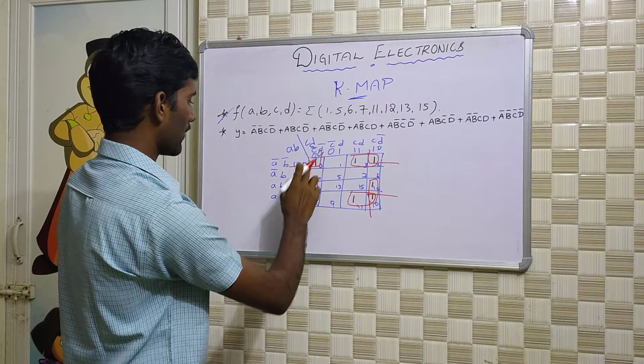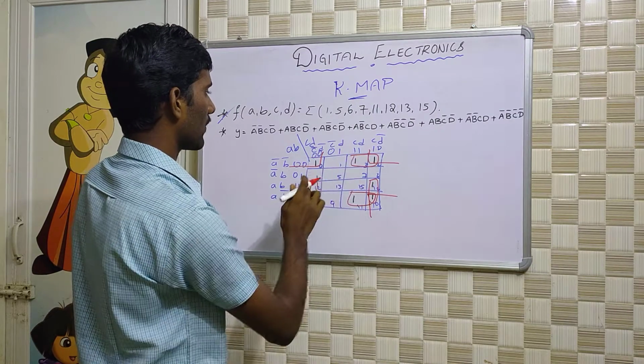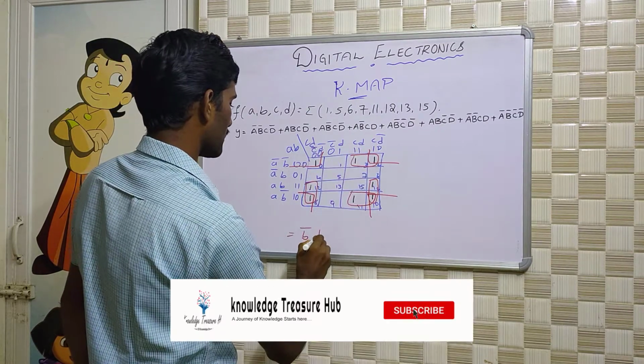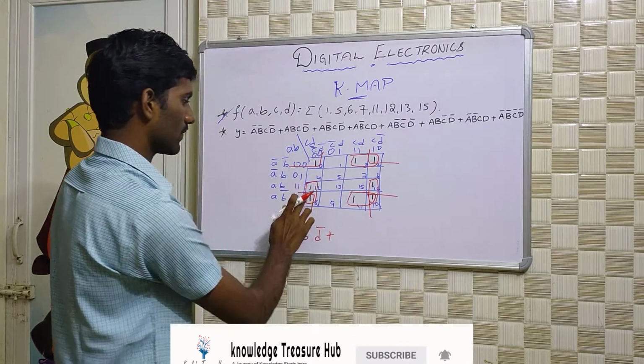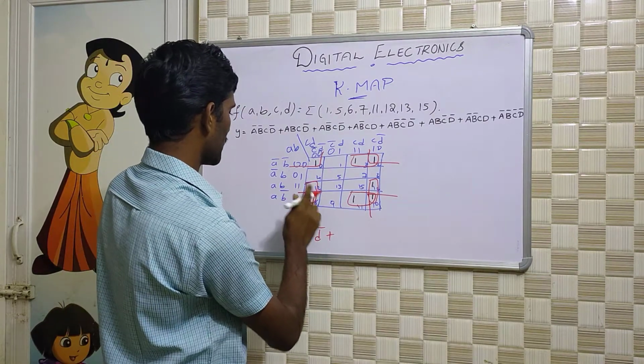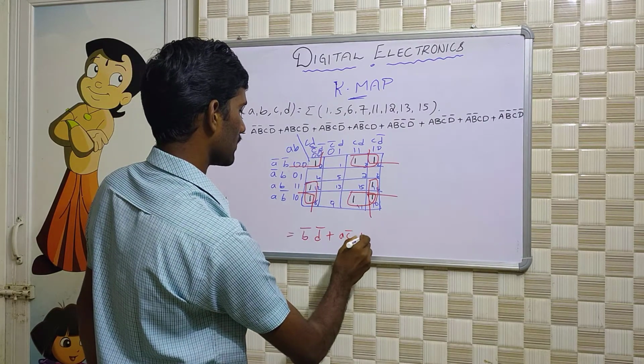From these two we have common B bar. From these two we have common D bar. So B bar D bar. Plus next we will see these two. These two have A as common, C bar D bar.